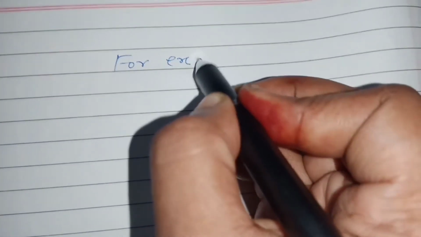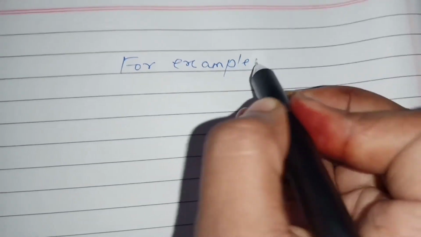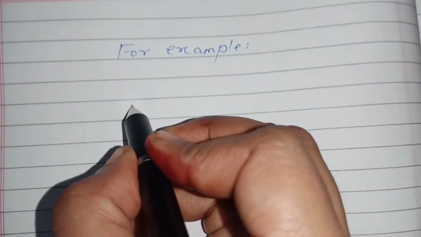Now there are many elements which have more than one valency. So how do we represent that? With an example you will understand more clearly. For example, I'm taking iron.